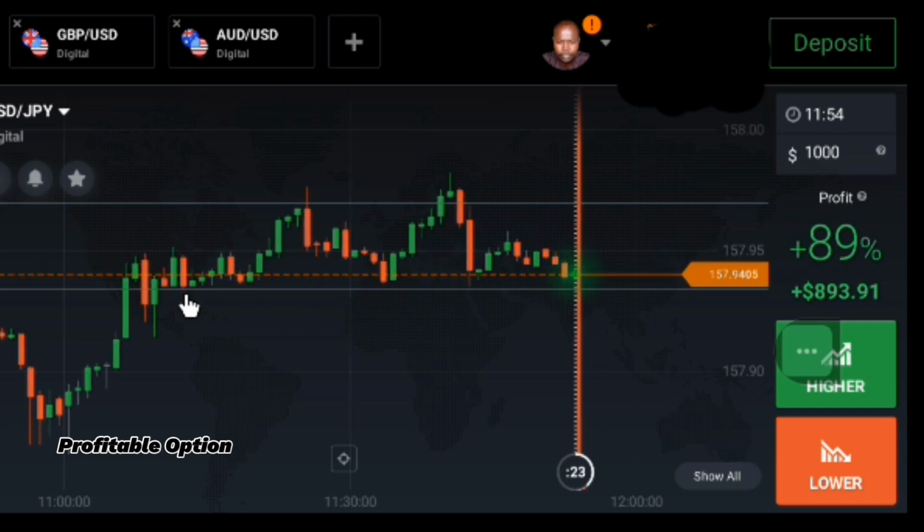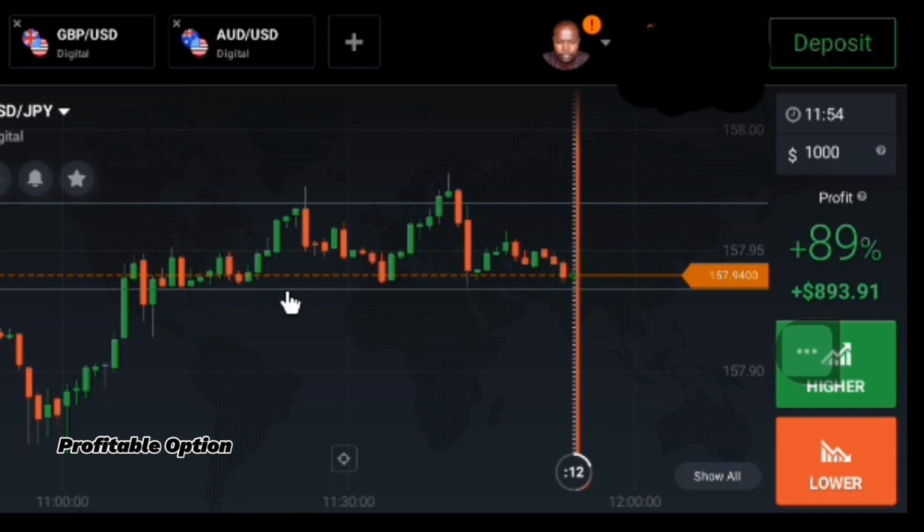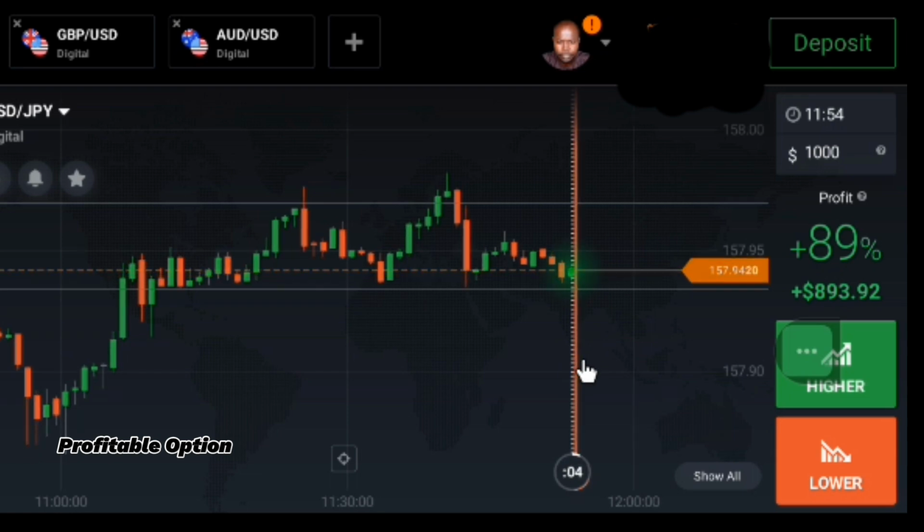We have reversed from this place several times. So this support area might not be that strong anymore, because there have been previous reversals: 1, 2, 3, 4, and this is the 5th one. So there are possibilities that it's going to break out, but one needs to be very, very careful at this point.